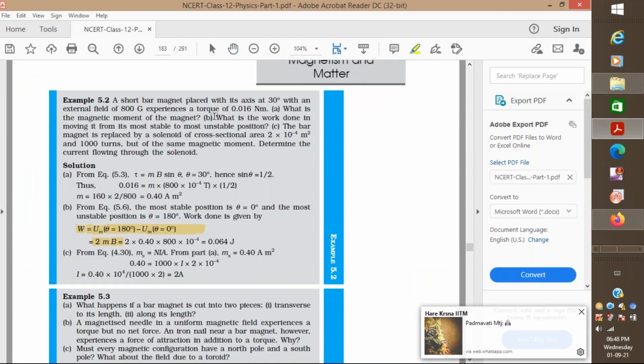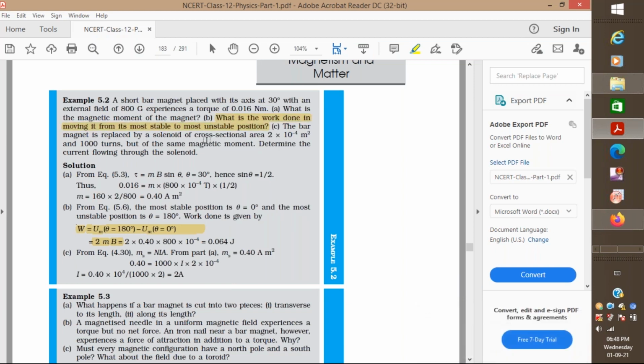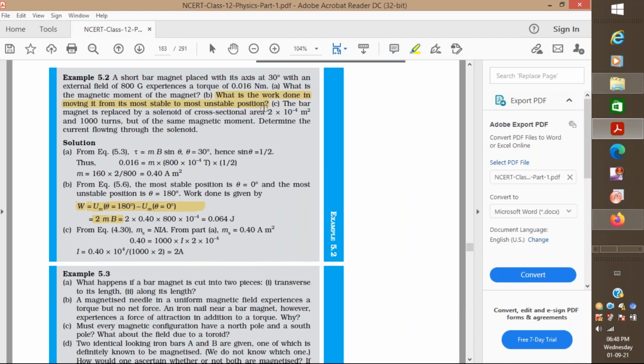What is the work done in moving a dipole in a uniform magnetic field from its most stable to most unstable position? You look, most stable position is theta equal to 0, most unstable position is theta equal to pi.